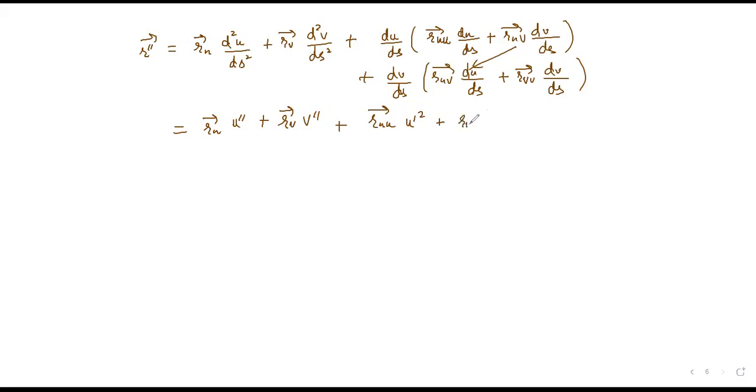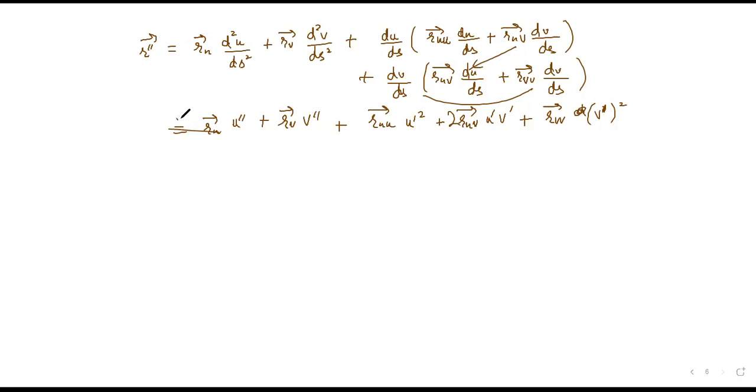So it would be r sub uv into twice u dash v dash. Then there should be a last term that is r sub vv into v dash square. Okay, so this is the expression.